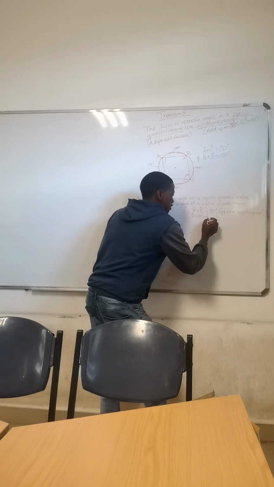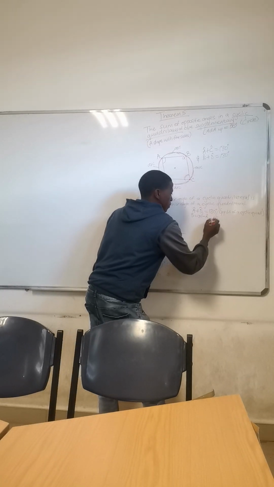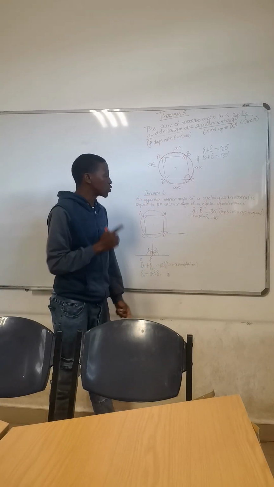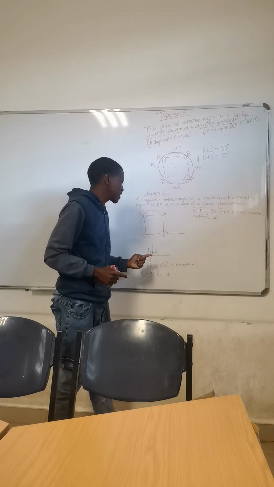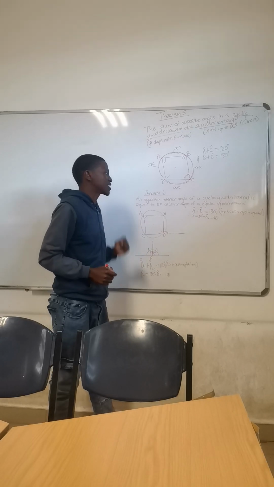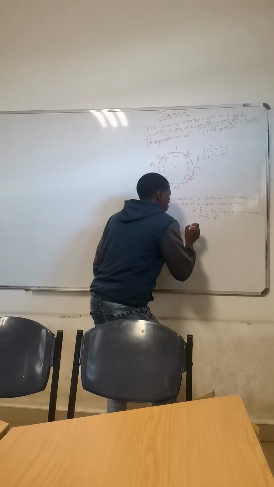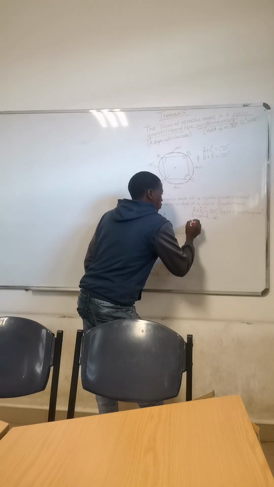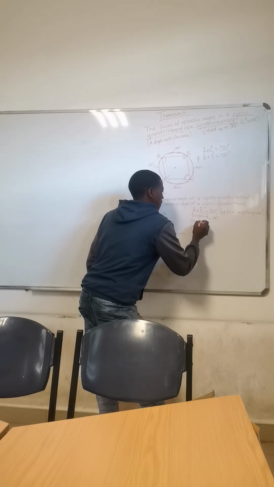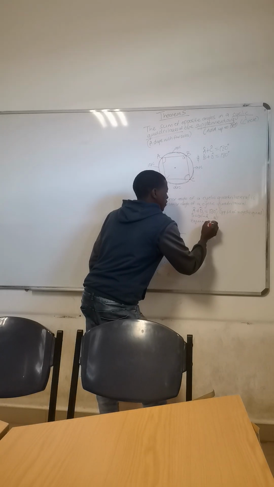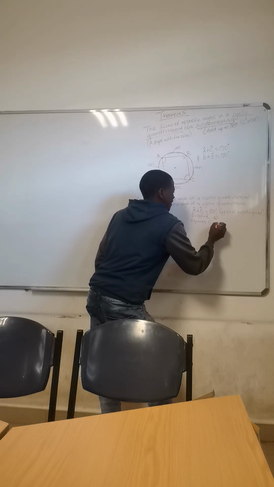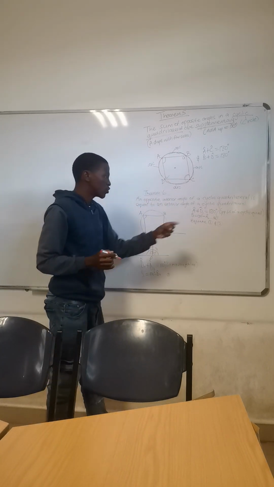And this is your equation 2. Do you get? So I'm going to do a simultaneous equation to prove this theorem. Therefore, we are going to equate equation 1 and 2.